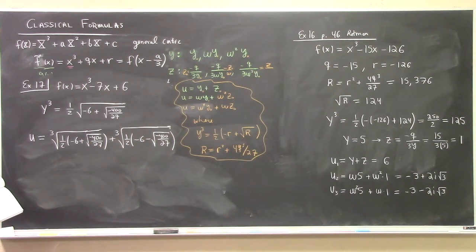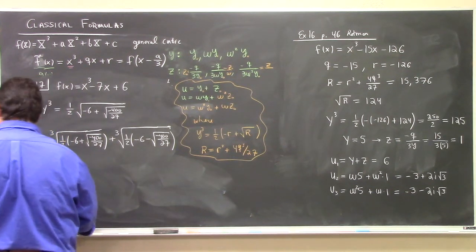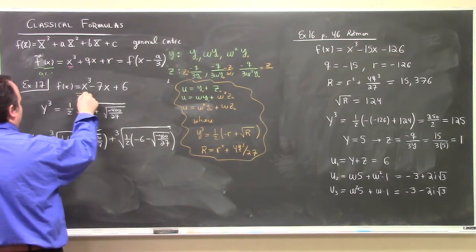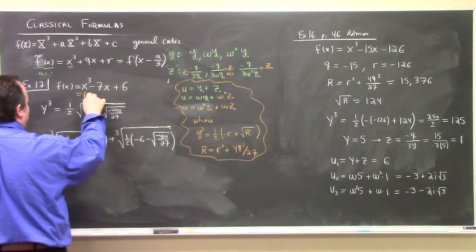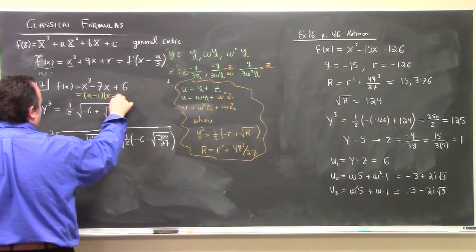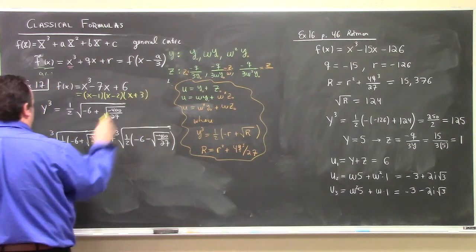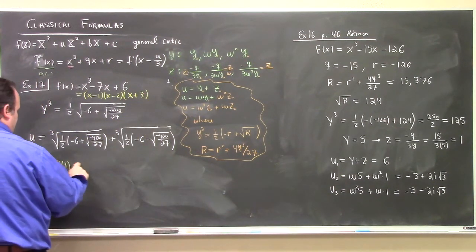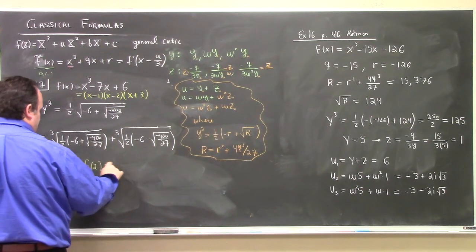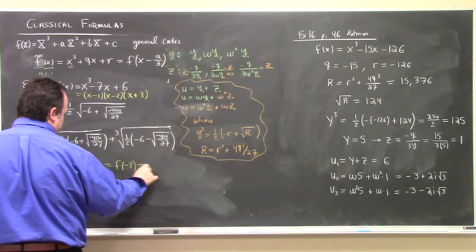But then here's the thing that's so messed up about this example. This, you can check, is x minus 1 times x minus 2 times x plus 3. So f of 1, f of 2, f of minus 3 is equal to 0.